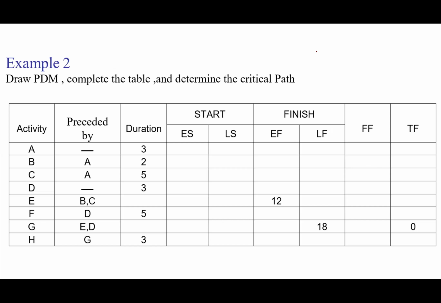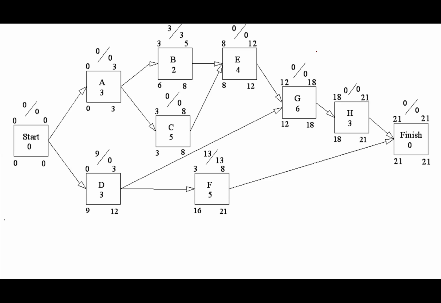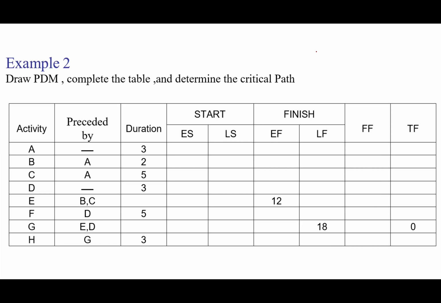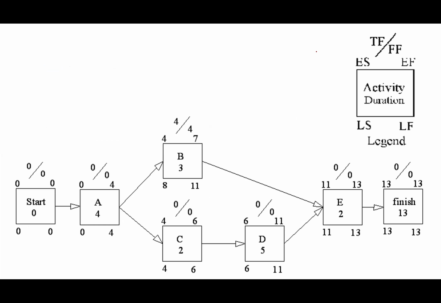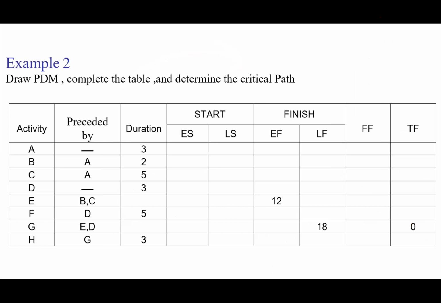Example number 2: the most important thing is the drawing, and then try to do the forward pass and then the backward pass. You should be able to get all these values, and also calculate total float and free float.